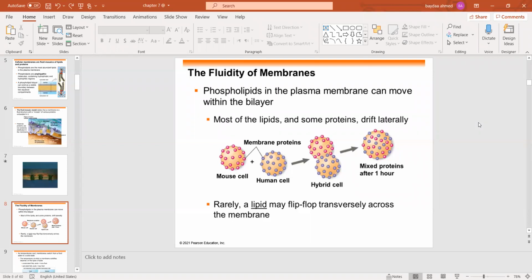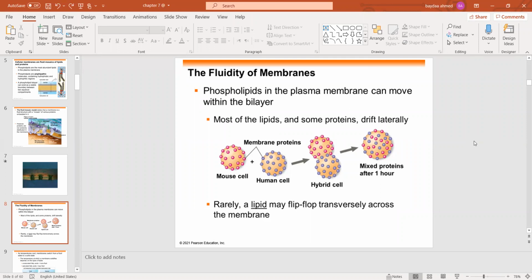Membranes are not static sheets of molecules locked rigidly in place. A membrane is held together by hydrophobic interactions, which are much weaker than covalent bonds. Most of the lipids and some proteins can shift about sideways in the plane of the membrane, and very rarely a lipid may flip-flop across the membrane, switching from one phospholipid layer to the other.